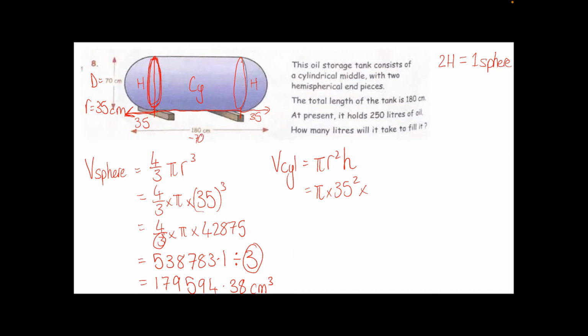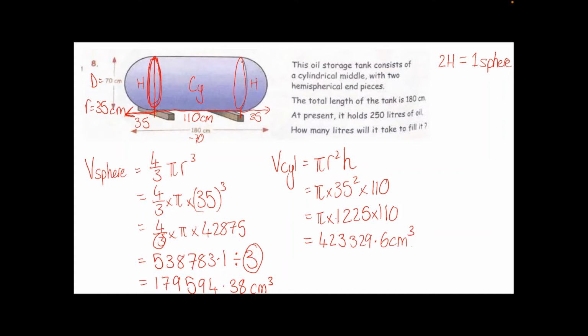So if I take off the 70, which is those two 35s, I know that this section in the middle then is going to be 110 centimetres. So the height of my cylinder is 110. 35 squared is going to give me 1,225. And then I can just plug that into my calculator, and that gives me 423,329.6 centimetres cubed.